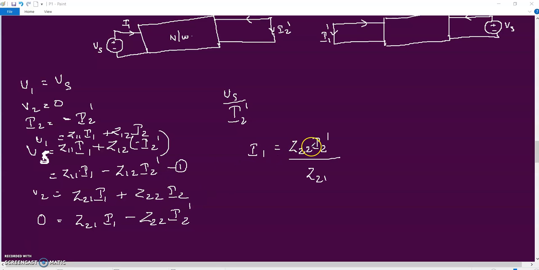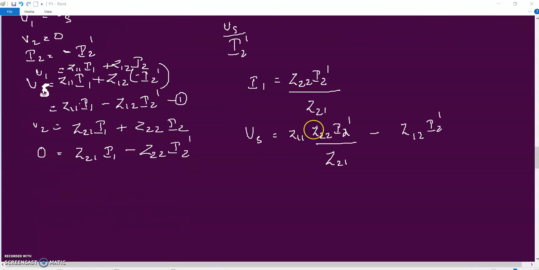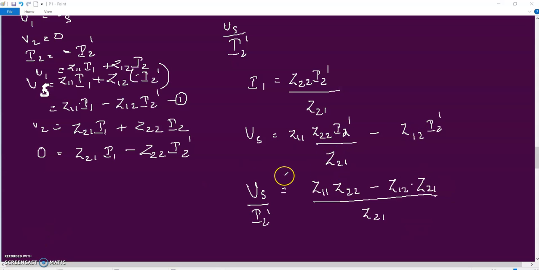I1 is equal to Z22 into I2 dash by Z21. We can put this I1 in this equation. This is the equation with I1 substituted in equation number 1. Now we can get Vs by I2 dash from this equation. I'll explain the rest in the next lecture.